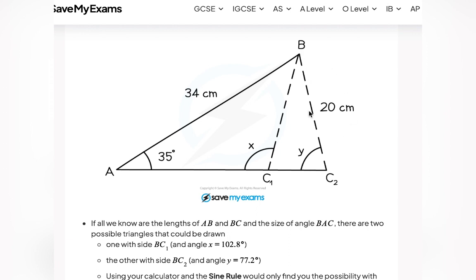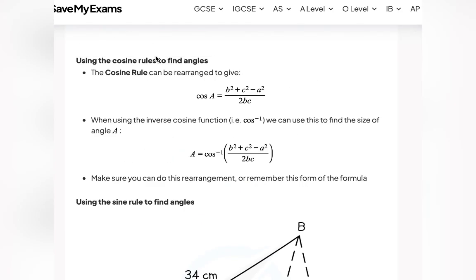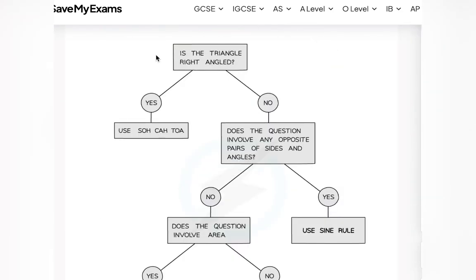Or if you look at this as one whole triangle, we know this side, we know this side, and the angle opposite one side, BC, which is 20, is given, and we want to know the angle opposite the other side. We use the sine rule. So these are the conditions.